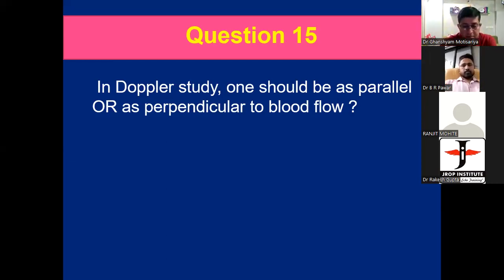Perpendicular. Wherever you are imaging 2-dimensional echo, the images will be good if we are perpendicular. If we are doing Doppler, we should be as parallel as possible, with a cosine angle of 0. I hope you'll remember this. This is basically the fundamental of color Doppler and 2D imaging.